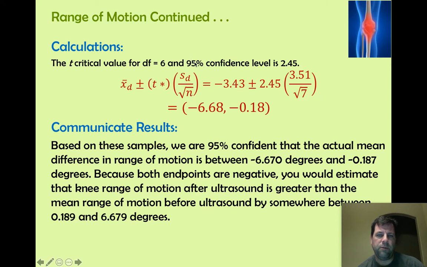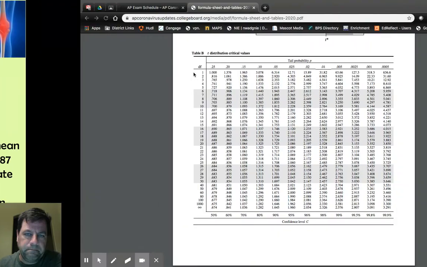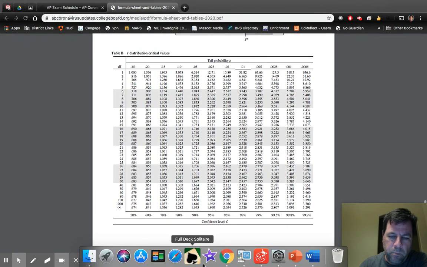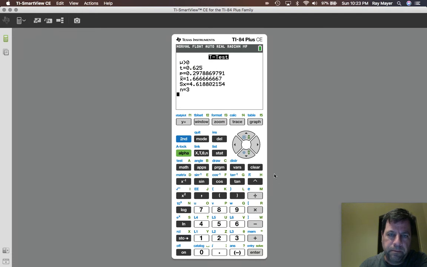We did a 95%. So again, let's go here to my calculator, guys. Go to my calculator. Clear. All right. Distributions. Well, I guess I could have gone to mine. That's all right. Inverse T. Okay.